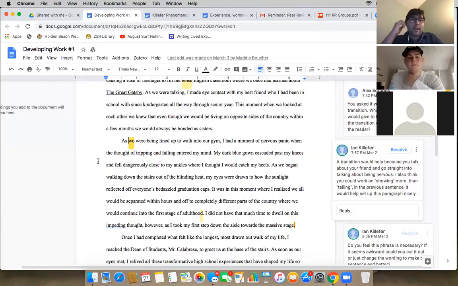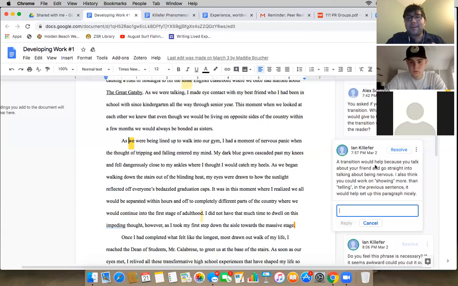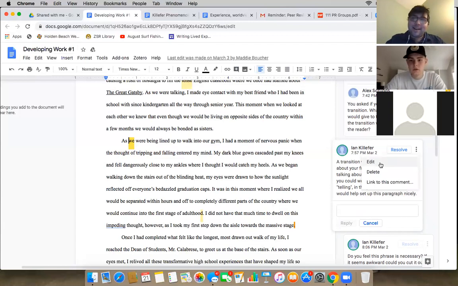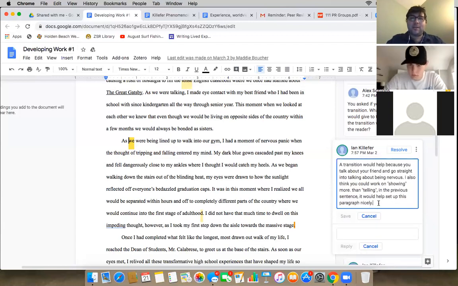So then what I'd like to try is rewriting one of those comments. Ian, you could try and rewrite this comment to make it less appropriative and use that describe and prompt method. You can do that in another document, or you can click those three little dots, called the kebab, next to resolve, and you can edit and change the comment yourself there, whatever your preference is. You can take us out of screen share if you don't want us to watch you revise.